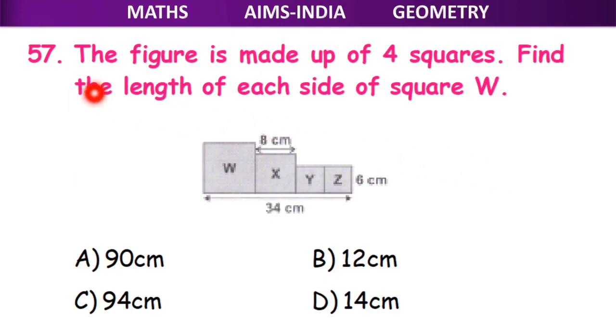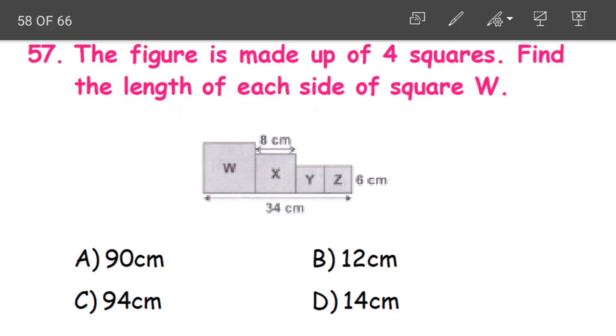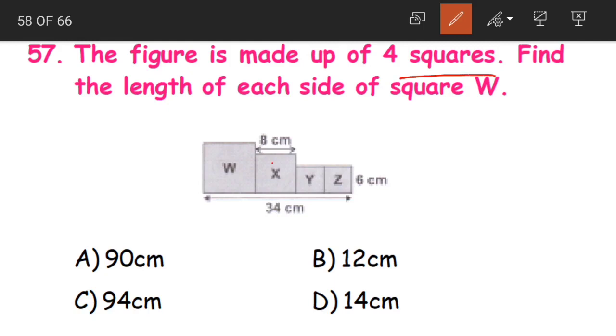Question 57. The figure is made up of 4 squares. Find the length of each side of the square W. In a square, the lengths of all the 4 sides are the same. If we get the length of one side, the length of the remaining sides is also the same.